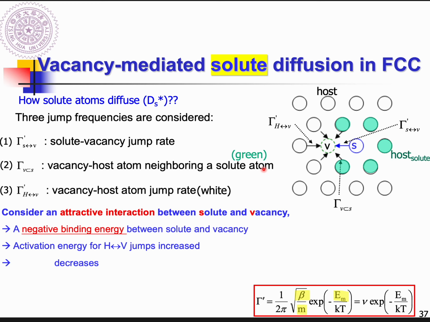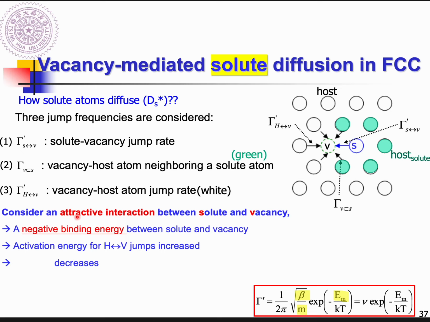Okay. So under this situation, you have a solute doped at the substitutional site in an FCC structure, and it is also a vacancy mediated diffusion, so we need to derive the diffusivity of the solute atom, right? Before that, we need to make a very important assumption.